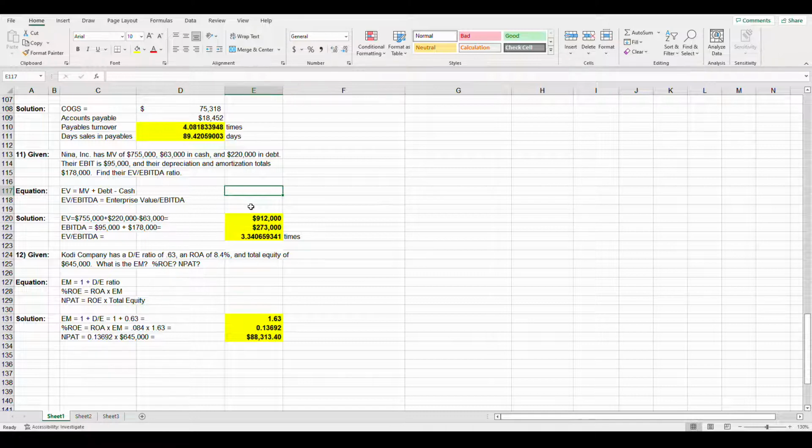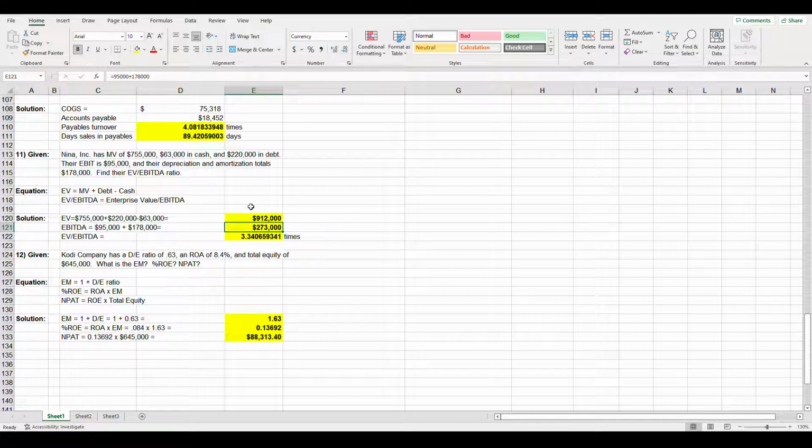And then enterprise value to EBITDA ratio, which is used heavily in merger and acquisition analysis, is equal to that enterprise value divided by EBITDA, which comes off the income statement. So enterprise value, filling in the givens, is equal to $755,000 of market value plus $220,000 of debt minus $63,000 of cash. And I get enterprise value of $912,000.